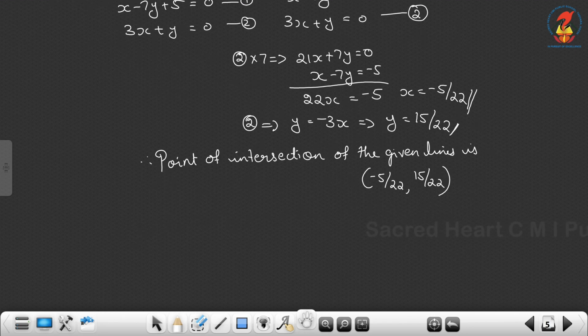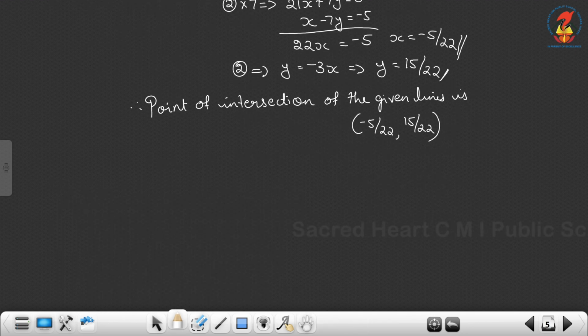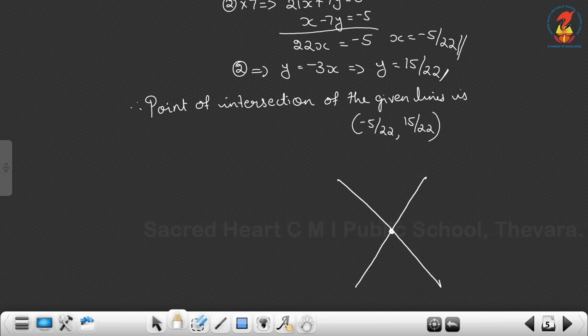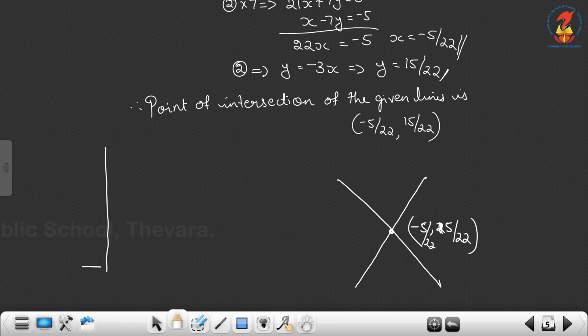Now what is the question? Through this point. So suppose the line is like this. This is the point of intersection, here it is minus 5 by 22 and here it is 15 by 22. So y-axis, x-axis. Suppose this point is 1, 2.